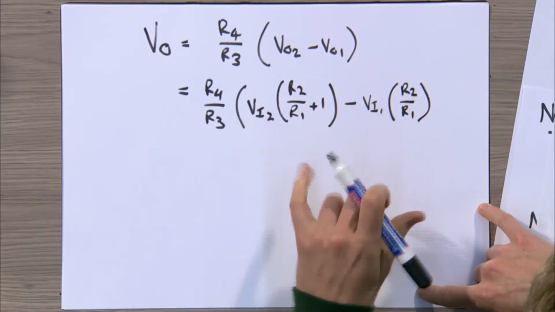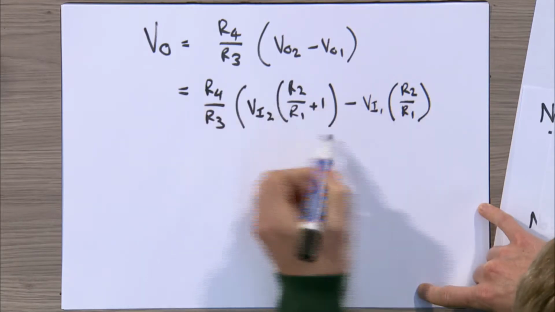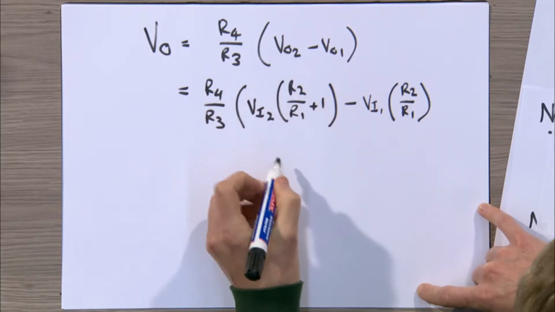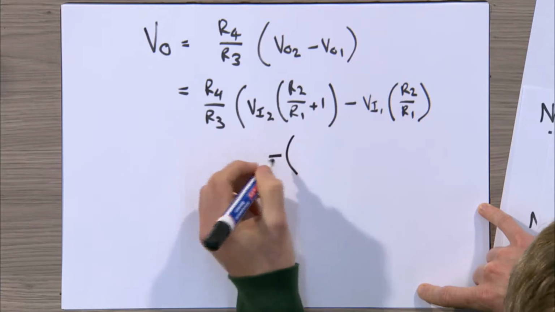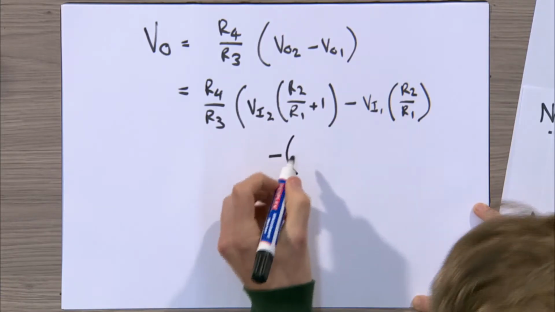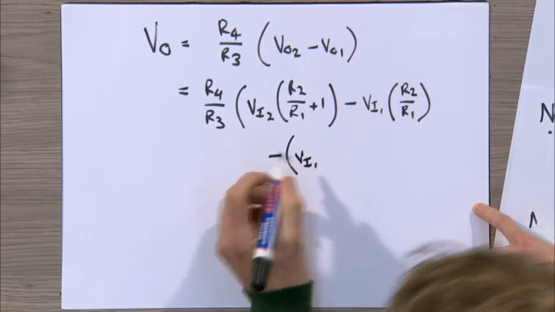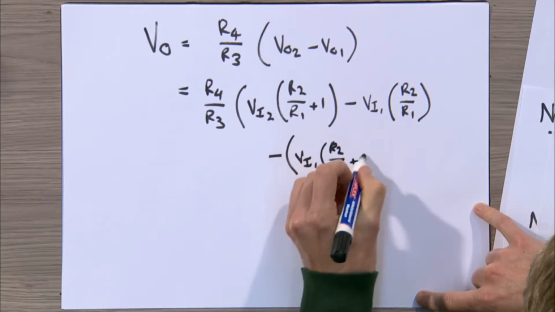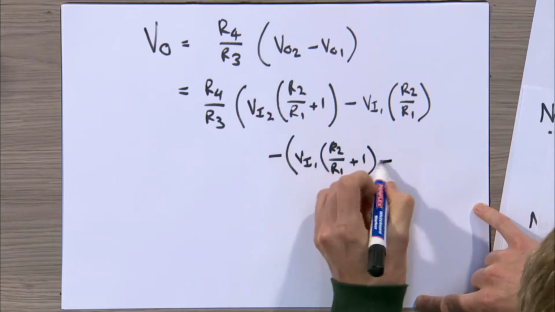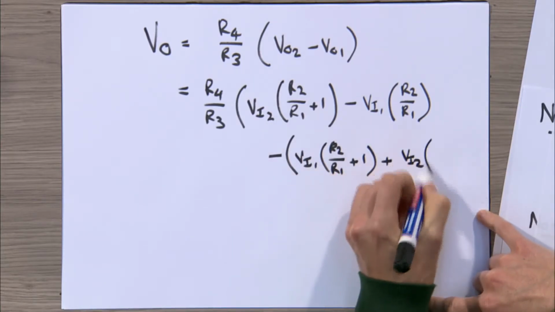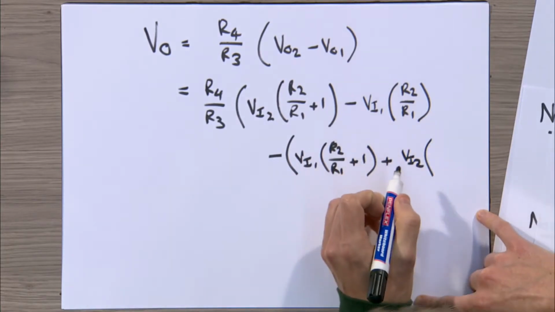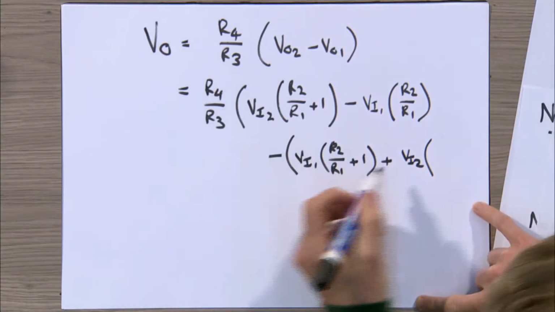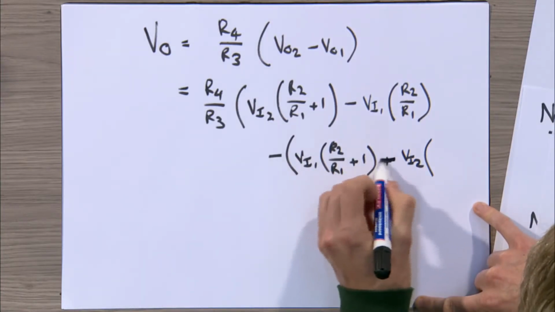Everything of this is times R4 over R3, and similarly we have minus Vi1, plus Vi2. I think there should be a minus sign.